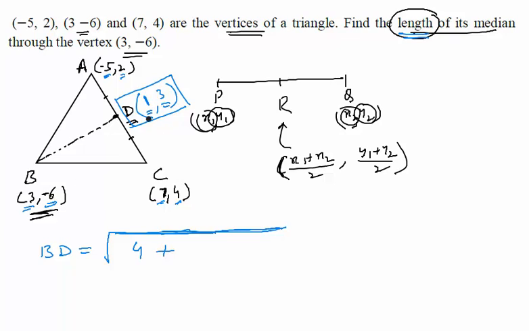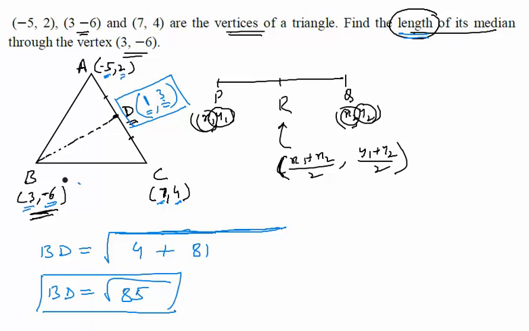This is minus 6 minus 3. Overall it will become minus 9, and I also have a square, so it will become 81. So all in all, BD will become how much? Under root of 85. This is the length of the median from the vertex 3 comma minus 6. This is your final answer.